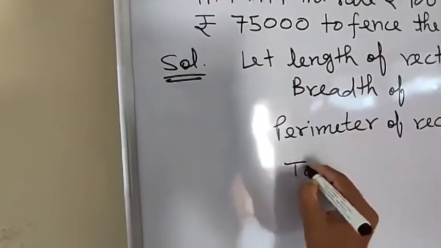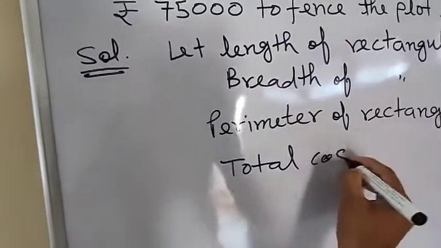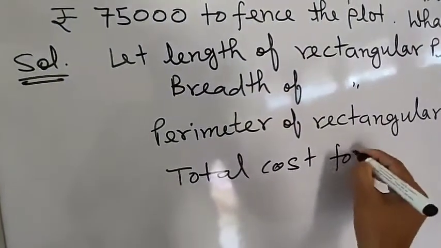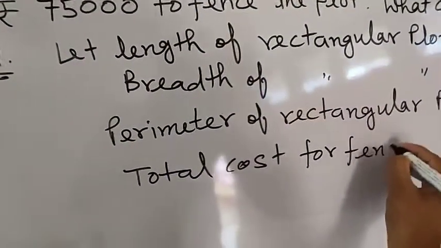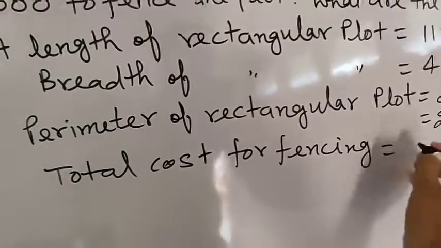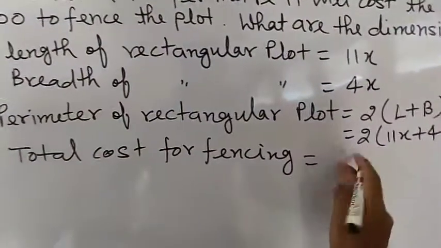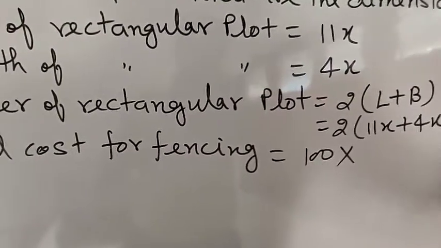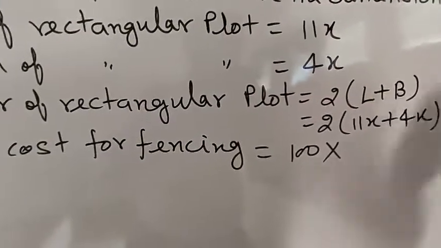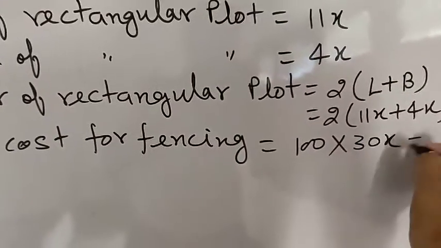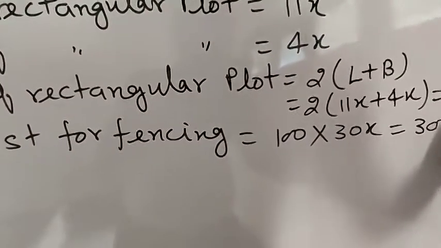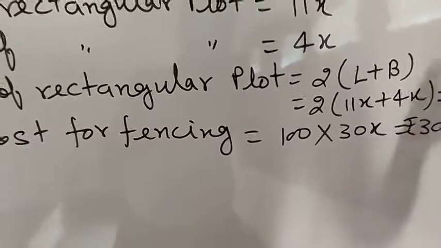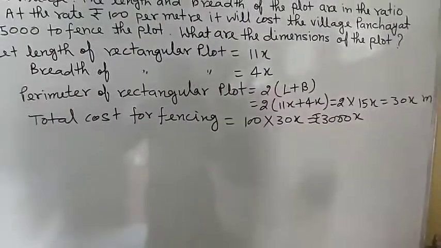So total cost for fencing is equal to 100 rupees per meter, so 100 into the total fencing perimeter, that is 30x. It is equal to 3000x. It will be rupees 3000x.